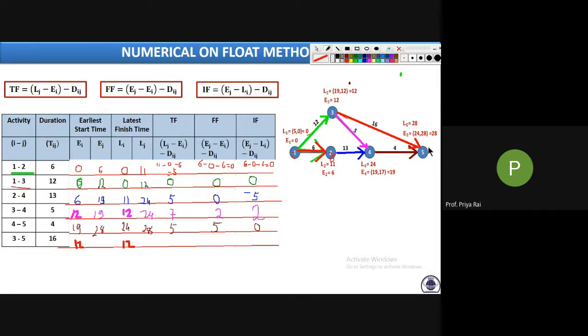And J is 28 28. We will get 0 0, everything will be 0. This is 28, 28 minus 12 is 16. So these are the TF, FF and IF.